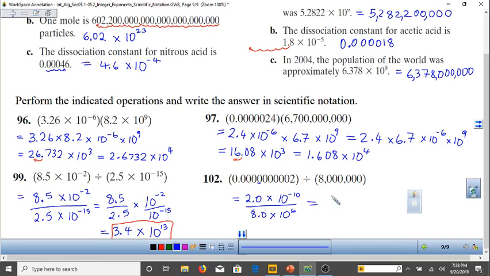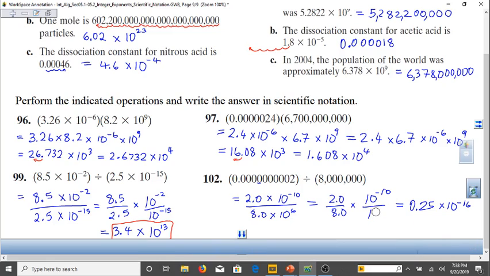So I have 2.0 over 8.0 times 10 to the negative 10 over 10 to the 6. Since I want to make this into scientific notation, 2 divided by 8 is 0.25. And then this is times 10 to the negative 16. I'll leave you to see how I got that.